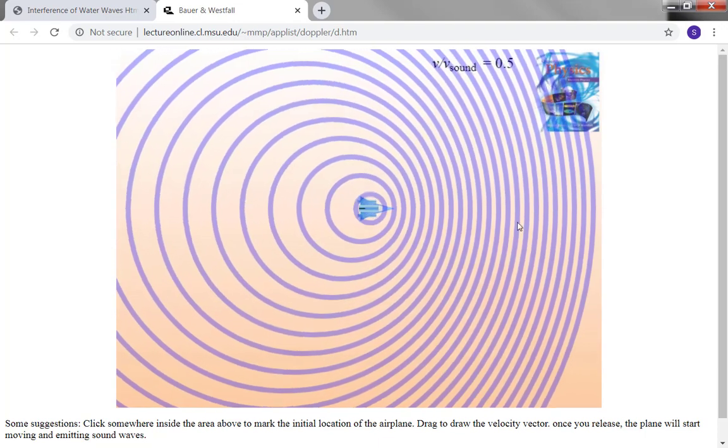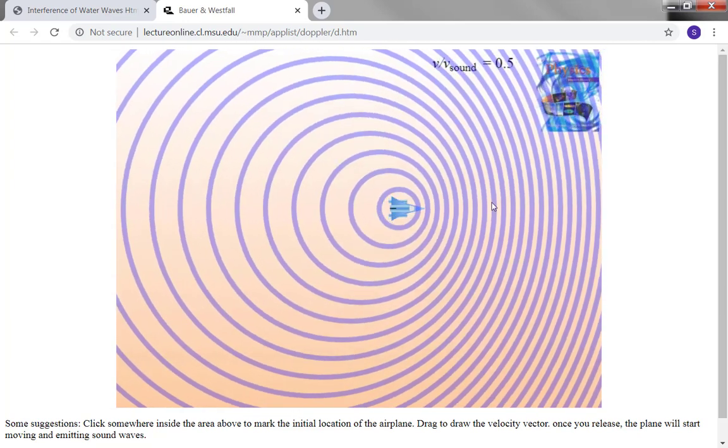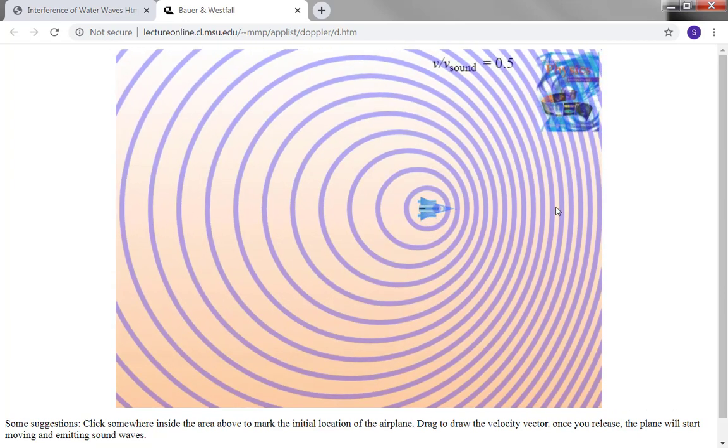Because the sound waves are closer together in front of the plane, that is going to make for a different wavelength than behind. And in front, the observer is going to hear a higher frequency known as a blue shift. The reason it's called a blue shift is because in light, blue wavelengths have a higher frequency than red wavelengths.